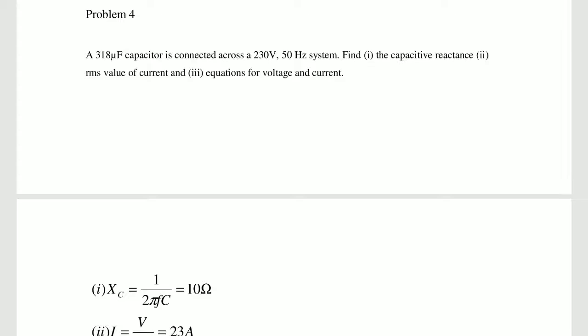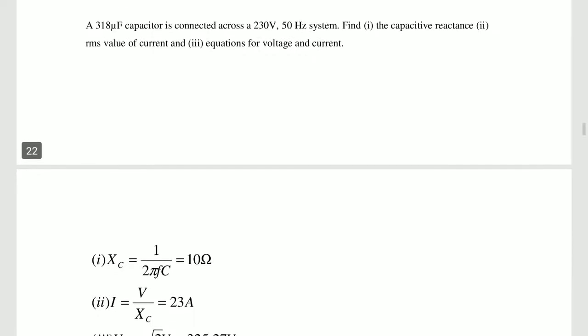Next one is the second, the RMS value of current, that is I. I is equal to supply voltage by reactance, so V by XC.